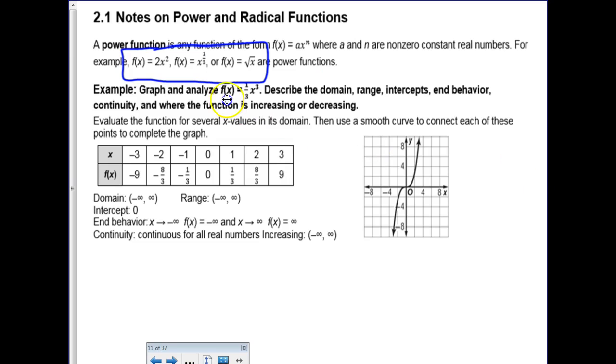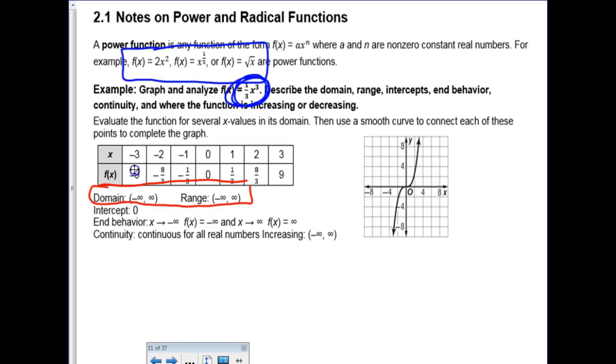So this first example, they wanted you to graph 1/3 x to the third power, which they already did for you. Not a big surprise to see that that's a cubic function that's been vertically compressed by 1/3. They plotted some points for you, and they came up with domain and range from -infinity to +infinity. Yep, we would have said that too, so good for them.